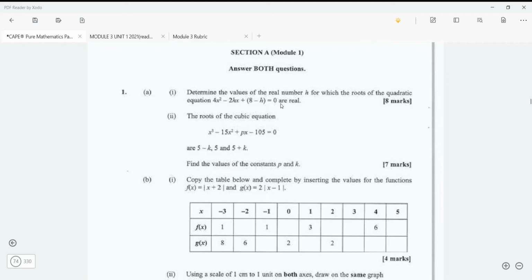And notice in the mock exam I gave you, you left out a question like this blank. Now notice these are very popular in CAPE. Determine the values of some real number such that the roots of the quadratic equation are real. All right, so let's write that out now.